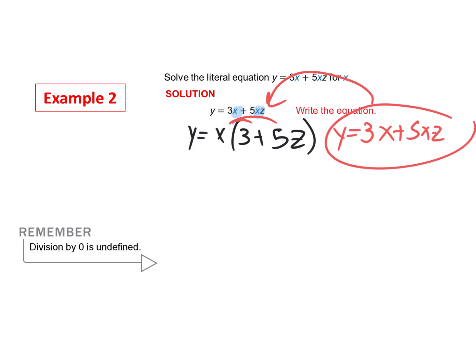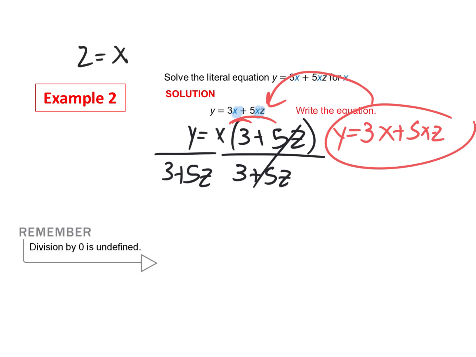We're going to divide by the 3 plus 5z on both sides. The reason we're dividing by the whole term in the parentheses is that it is one singular term. If you had, for example, 2 equals xy and they tell you to solve for x, you can just divide by y, correct? So it works the exact same way. It's just a 3 plus 5z, but it's the whole term.